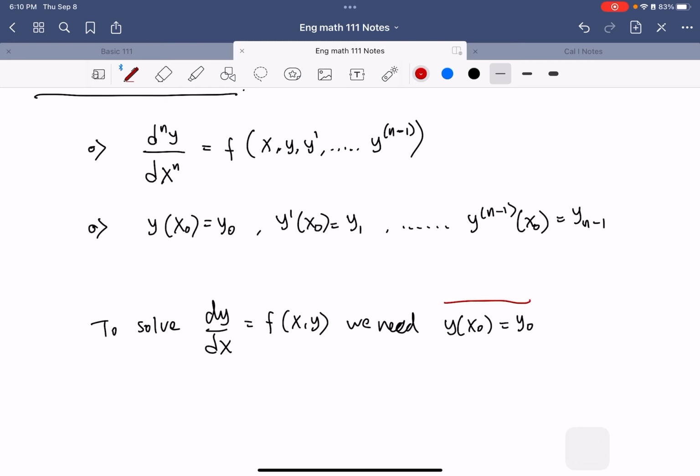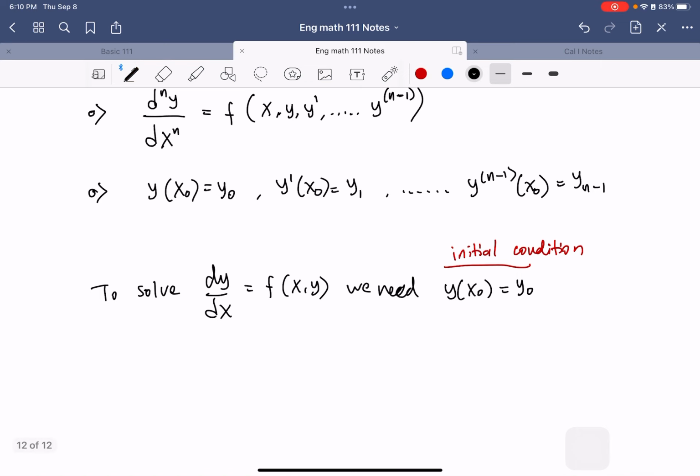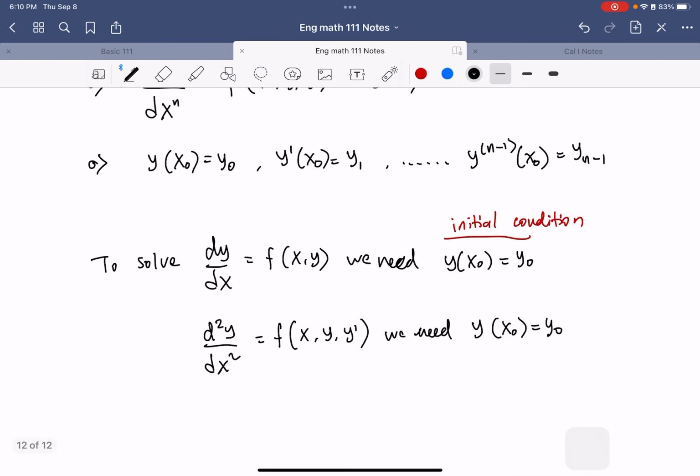This is the initial condition. How many initial conditions we need depends on n. So when we have higher n, maybe 2, the second order, with x, y, y prime, we need at least 2. So first is this, and the second is for y prime.